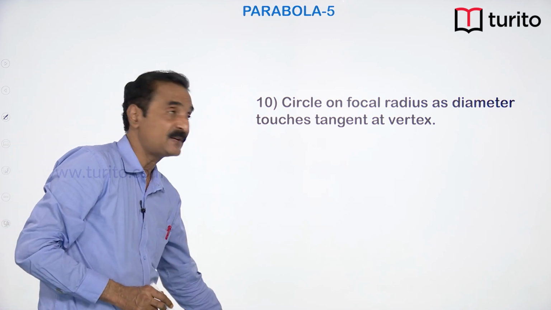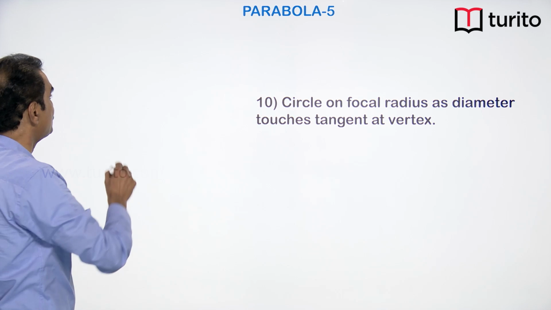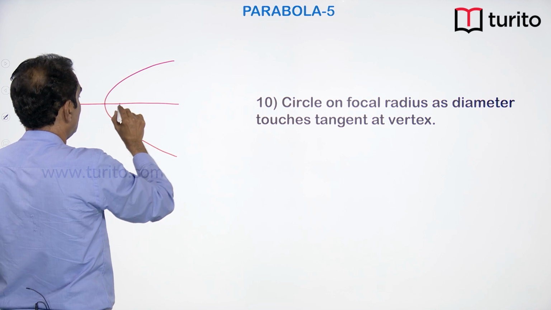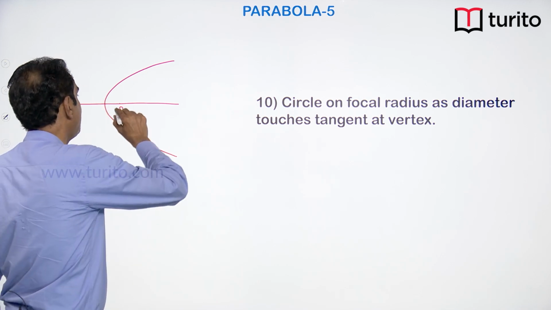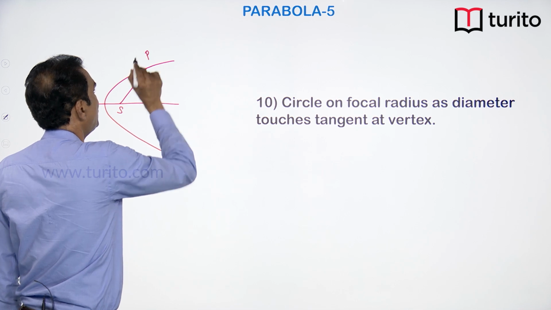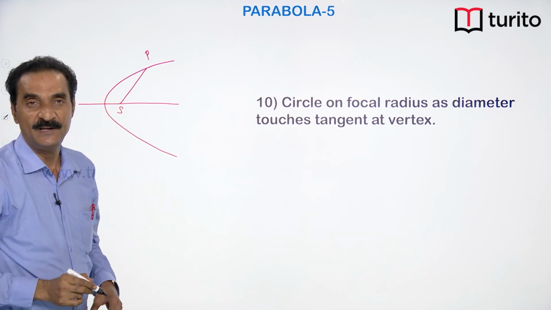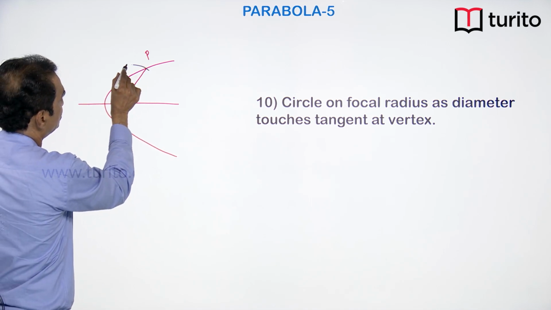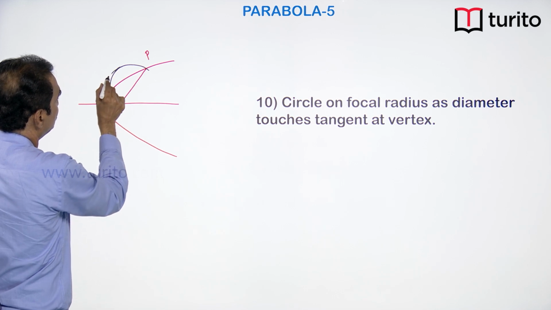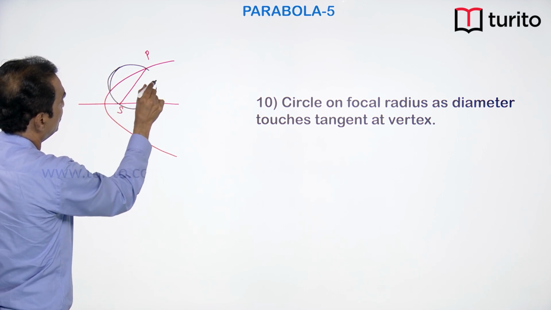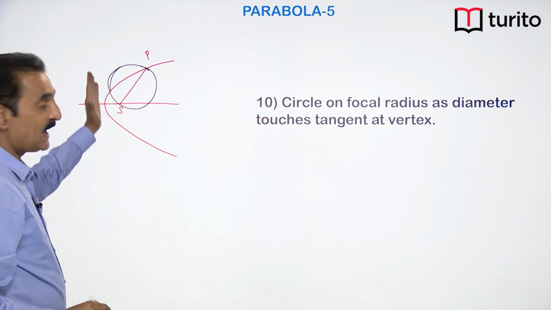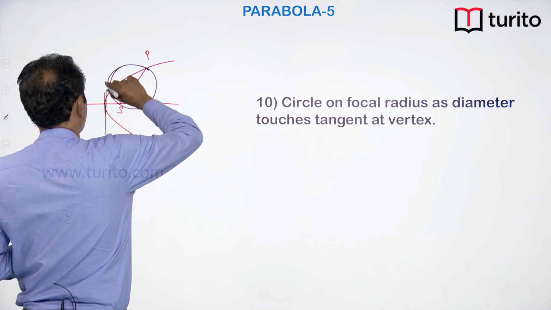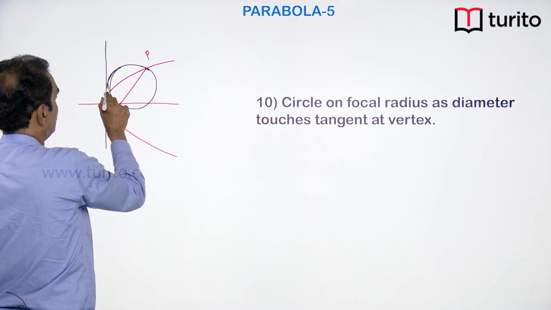Okay. Next point, circle on the focal radius as diameter touches the tangent at vertex. If S is the focus, take any point P, then SP is called focal radius. If you draw a circle with SP as diameter, like this, the tangent at vertex will touch this circle.